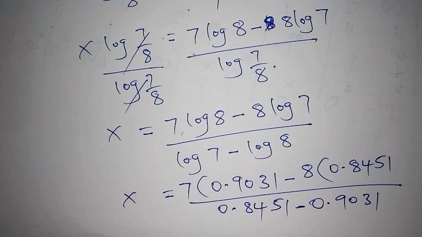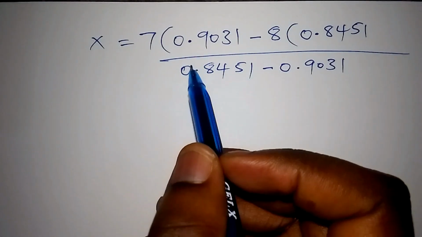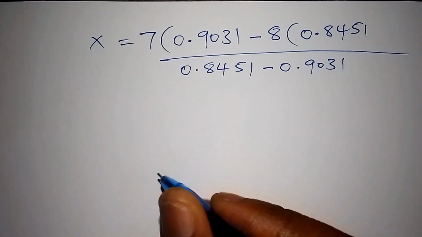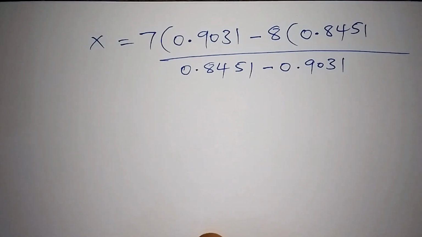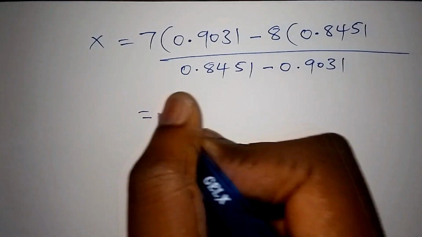Let's proceed. 7 multiplied by the number inside the bracket, using our calculator, we shall have 6.3217.